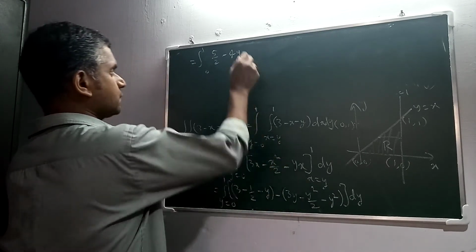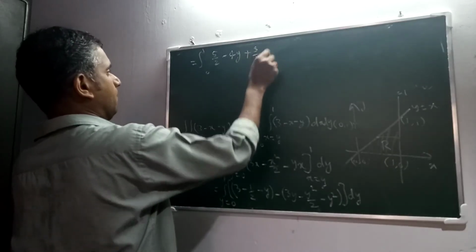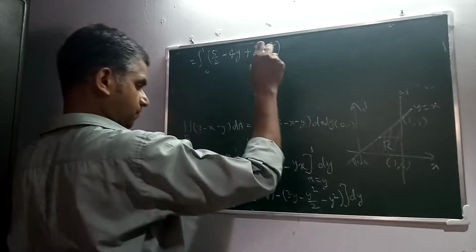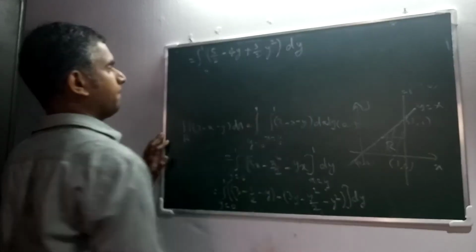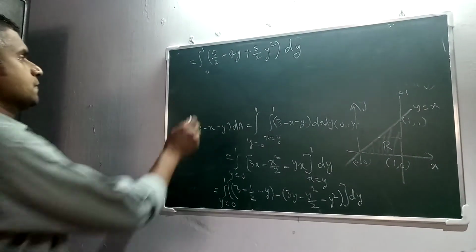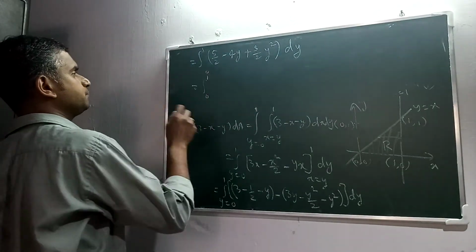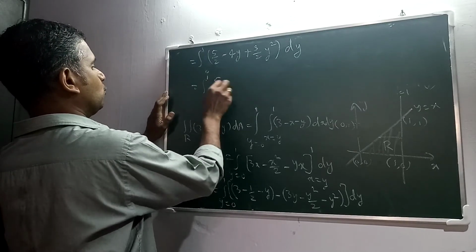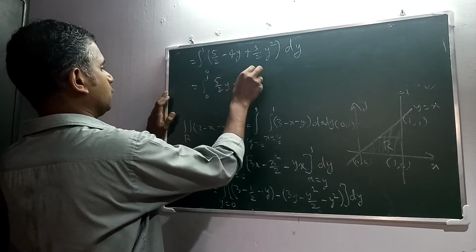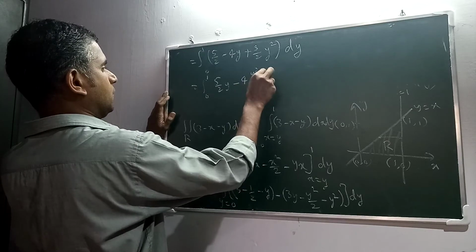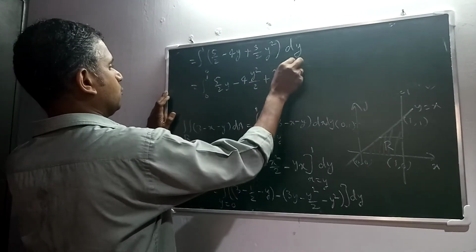So it is 3y square by 2, dy. This is equal to integral 0 to 1, 5 by 2 y minus 4 into y square by 2 plus 3 by 2 into y cube by 3.